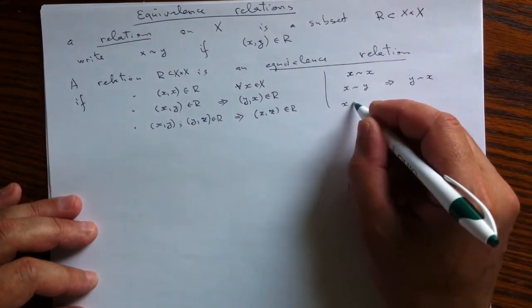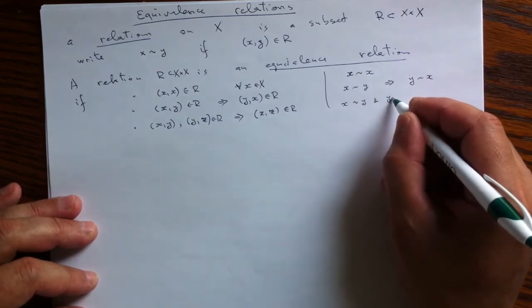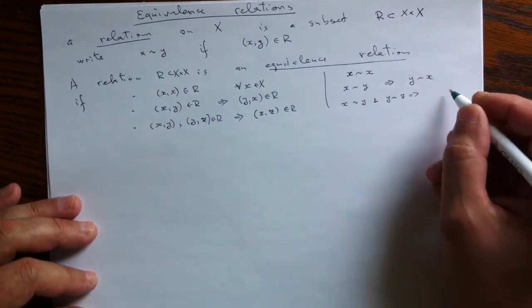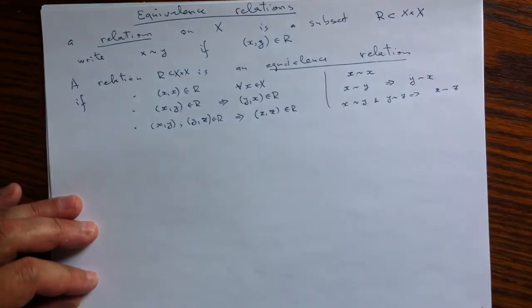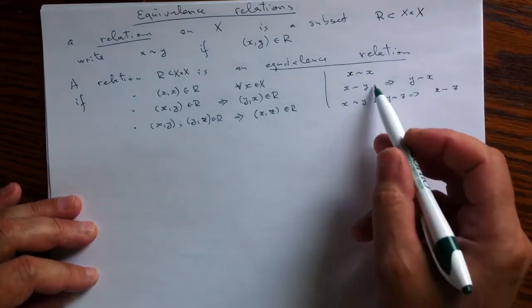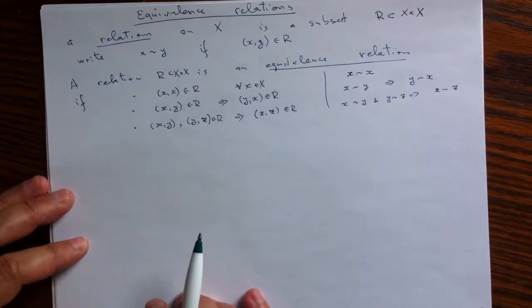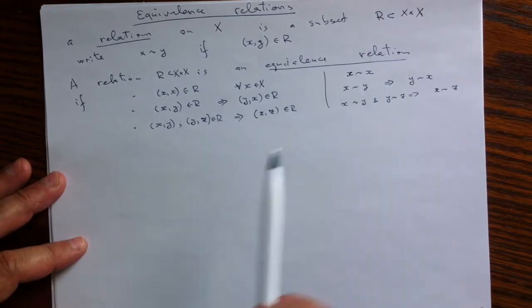In terms of this relation sign, if x and y are equivalent and y is equivalent to z, then, it's called transitivity, x is equivalent to z. So these are really equivalent statements, but we can write it as a one direction implication, though it can be flipped over to the other direction. So these three properties make a relation an equivalence relation.